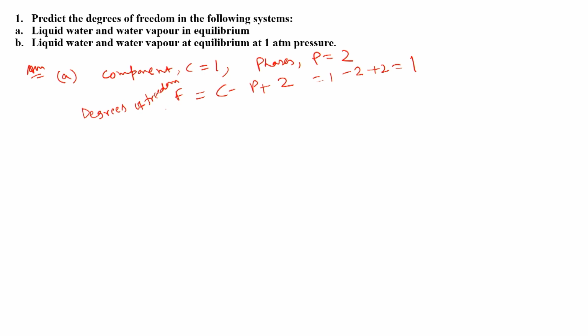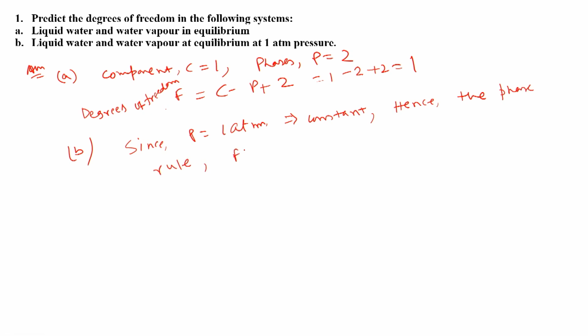Then liquid water and water vapor at equilibrium, again, since P is 1 atmospheric pressure and constant, hence the phase rule is F is C minus P plus 1.